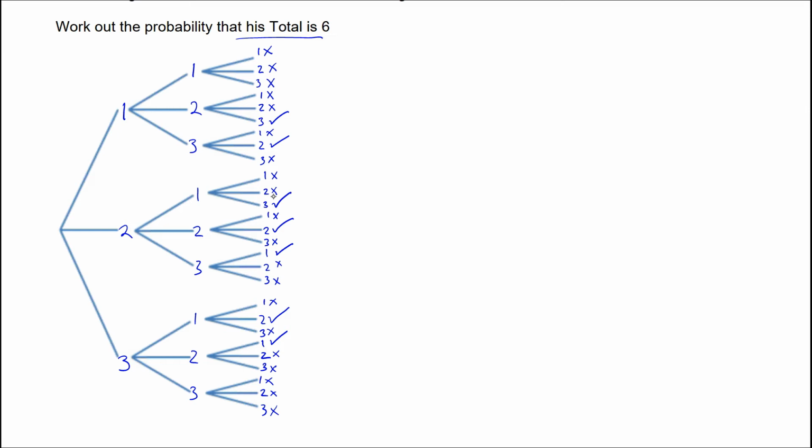Out of these 7 ways, let's check what each of these ways is. This is 1 followed by a 2, followed by a 3. This is 1 followed by a 3, followed by a 2. This is 2 followed by 1, followed by a 3.